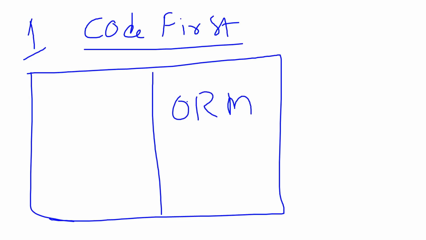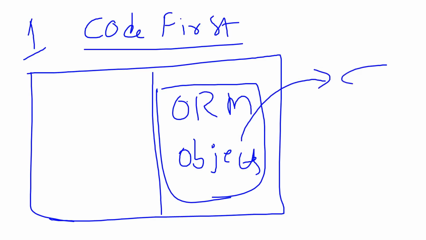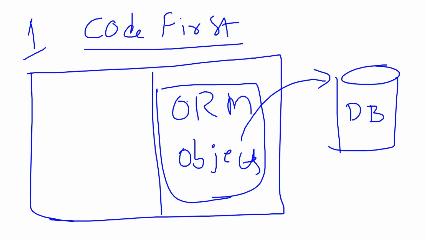Means we will create all the database classes which will represent the database tables or objects. First we will build all the ORM objects. Using these ORM objects, we will generate the database. So that is why it is a code first approach.